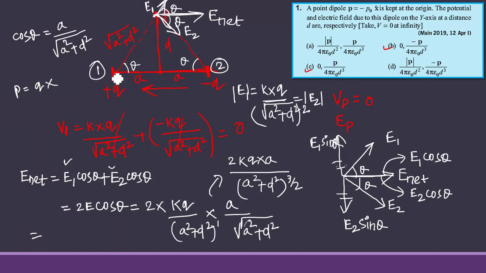The distance between them is from Q to the origin a, and from the origin to the other charge a, so 2a. So 2 into Q into a we can write as P. And K is 1 by 4 pi epsilon naught. And a square plus d square to the power 3 by 2.